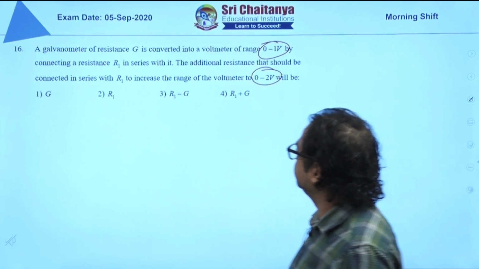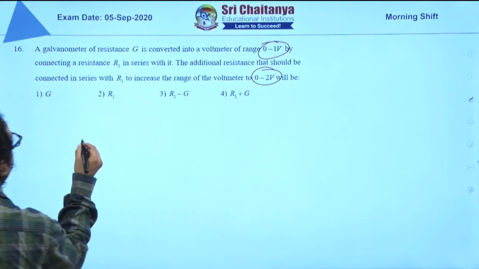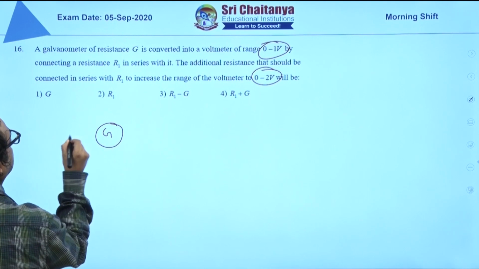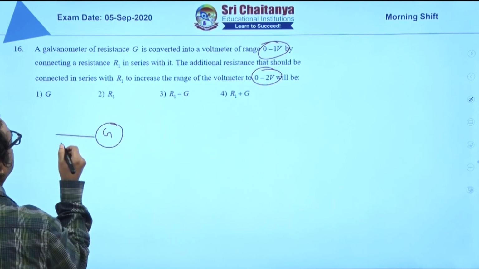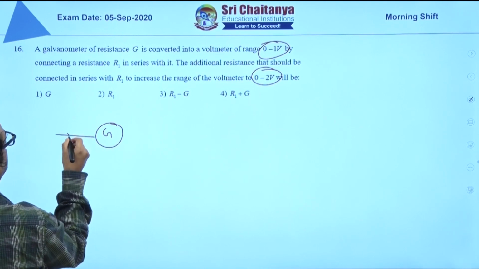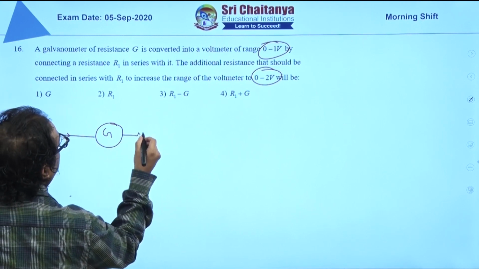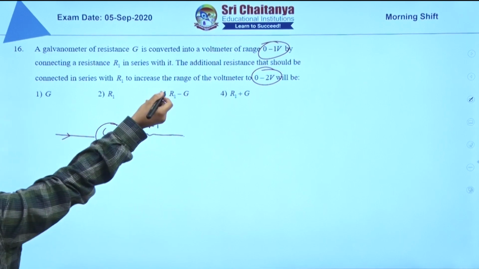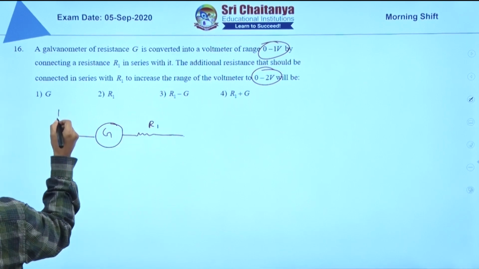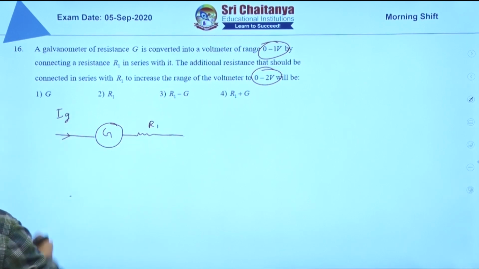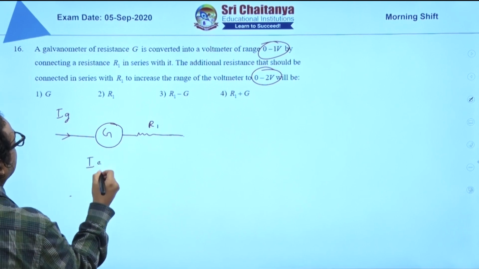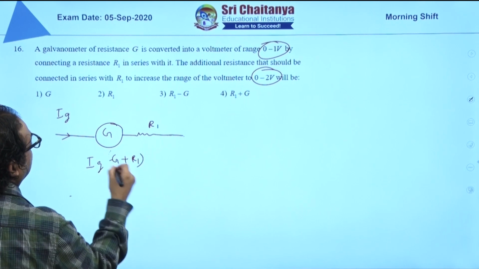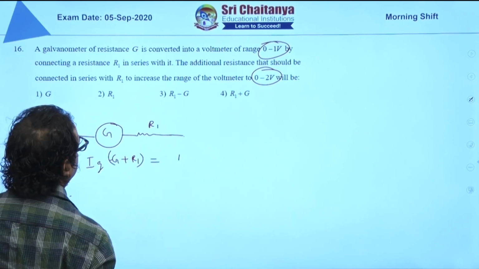So, basically here this is your galvanometer and here resistance R1 is connected. So, we are getting the range 0 to 1 volt. Let the maximum current of the galvanometer be fixed, you know. So, Ig into (G plus R1) is equal to 1 volt.